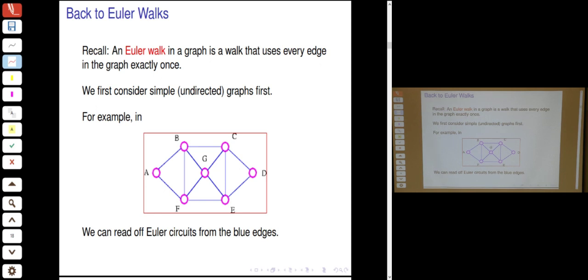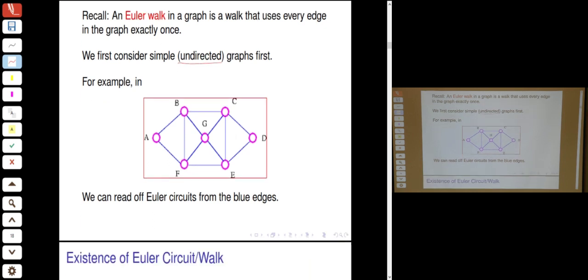So we will consider simple graphs first, and we will also be focusing on what are called undirected graphs. You don't have to worry about this concept right now. It will come up again as usual. It will be easier to first understand what are so-called directed graphs, and then it will become clear what are undirected graphs. For the moment, just think of plain simple graphs which we have discussed so far.